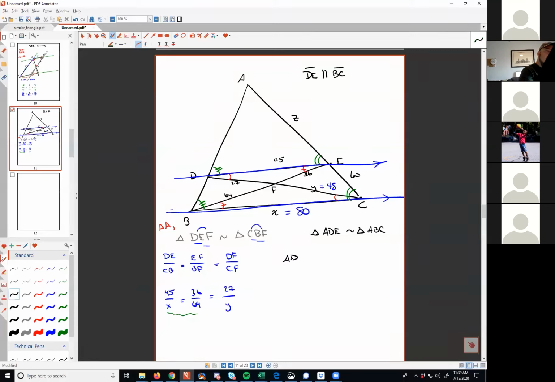So take a look at our ratios. And where is Z? Z is AE. And it is also part of AC. Do we know the similarity ratio?